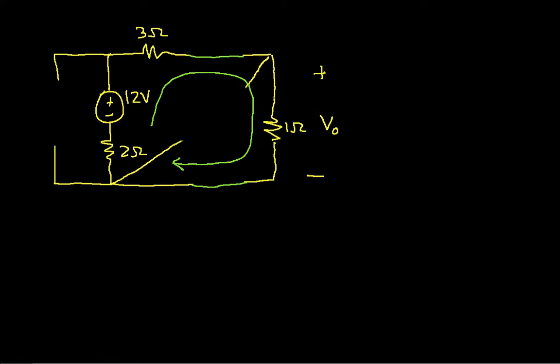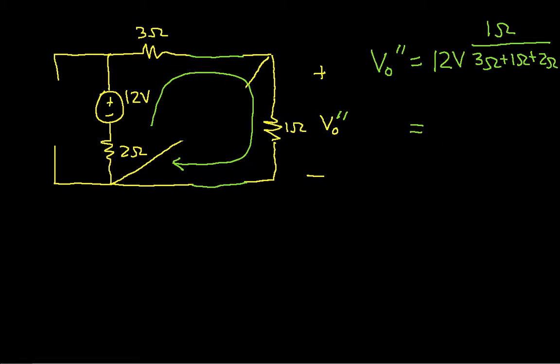With a single loop circuit, I can actually use the voltage divider. We're getting V0 double prime here. V0 double prime is equal to 12 volts times 1 ohm over 3 ohms plus 1 ohm plus 2 ohms, which should be, let's see, 1 ohm over a total of 6 ohms.